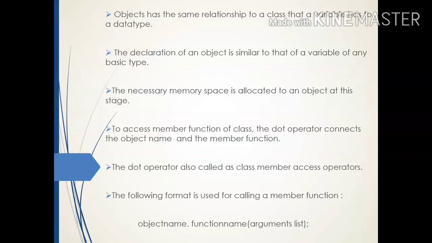The dot operator is also called the class member access operator. The following format is used for calling a member function. See the form: object name dot function name in bracket argument list if any arguments are there and then semicolon.